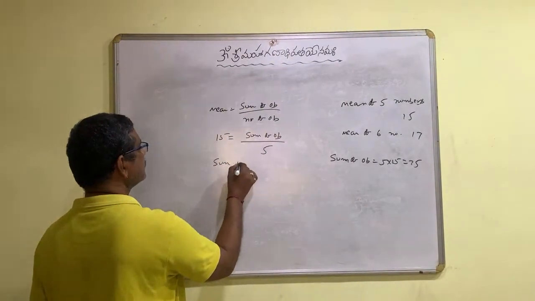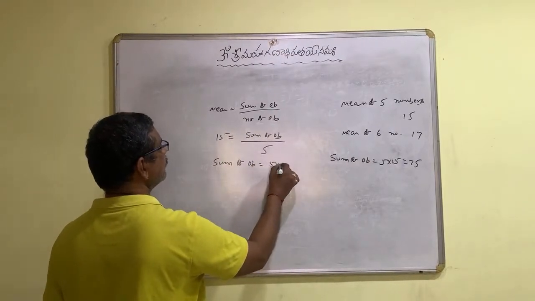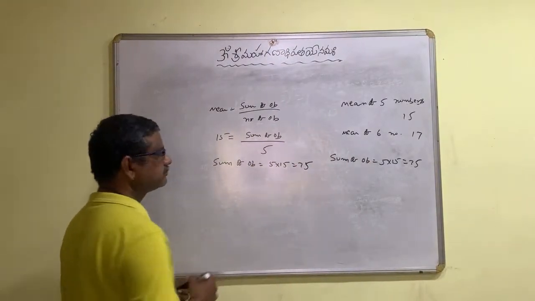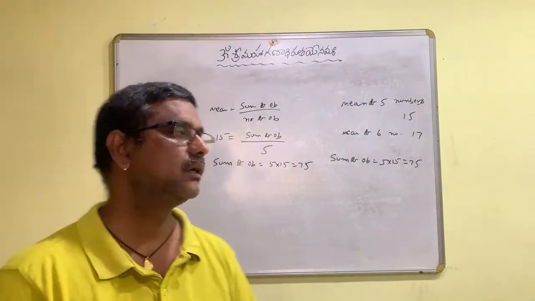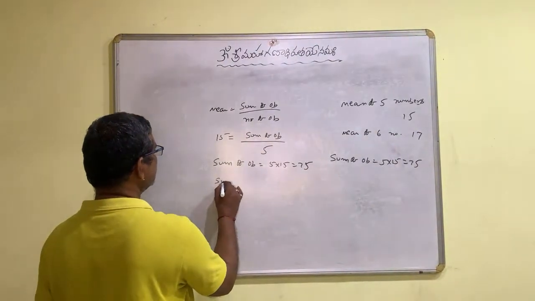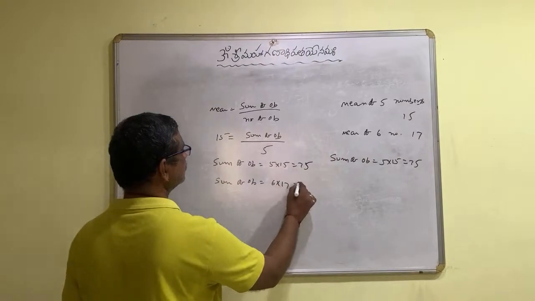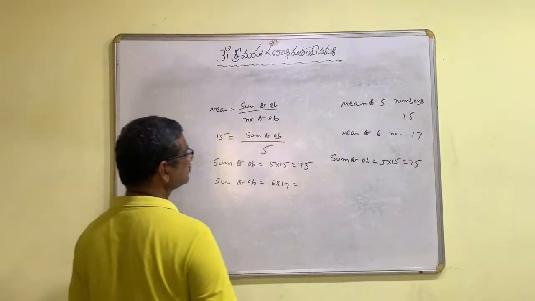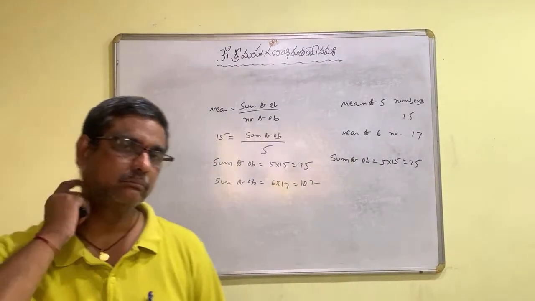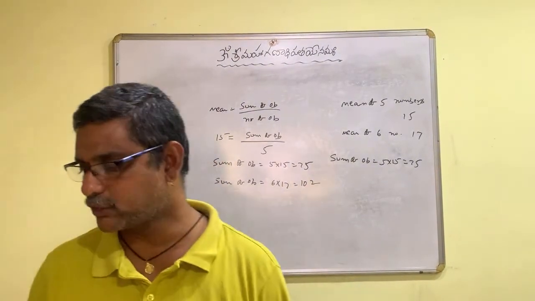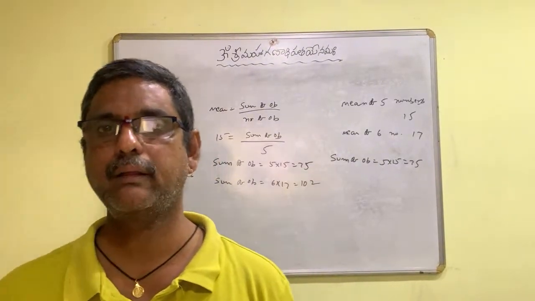Then the sum of observations is 5 into 15, 75. In the first case the sum of observations is 75. In the second case, 6 into 17, how much? 102. We need to understand this.